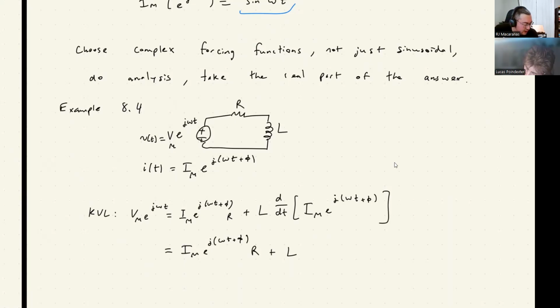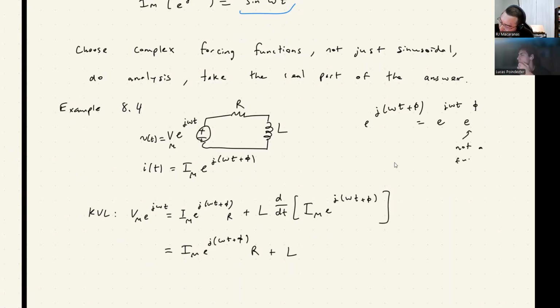Sorry, let me step back here. I was trying to figure out how to take that derivative in the first place, but just realize that when you have e to the j times omega t plus phi, this can be broken up into e to the j omega t times e to the j phi, where this is not a function of time.